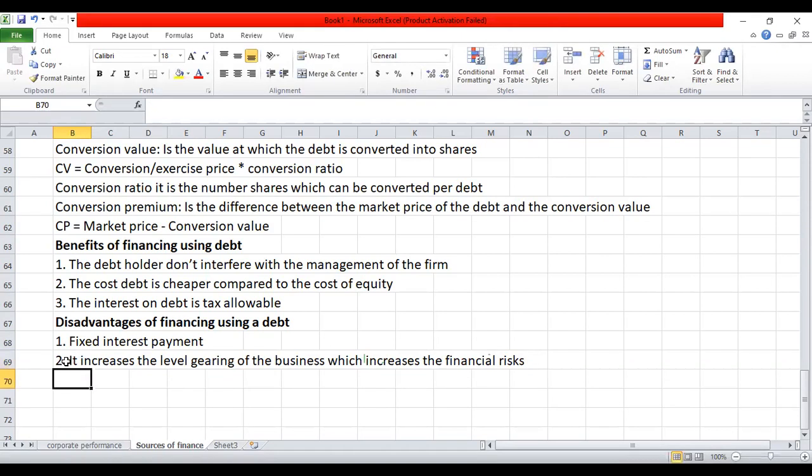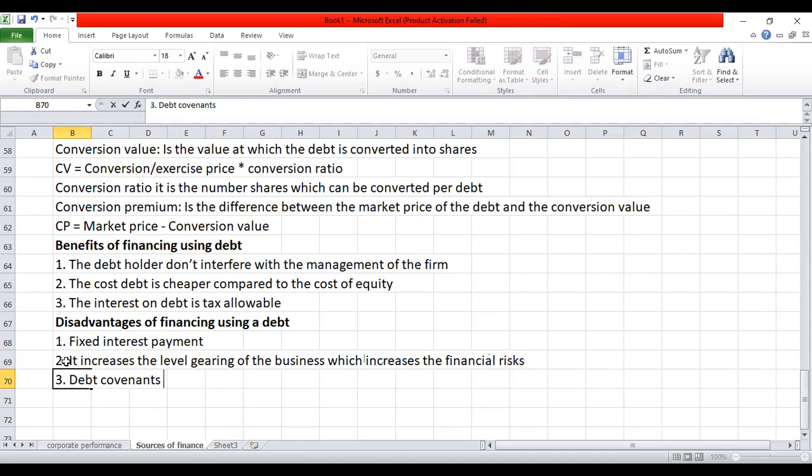We also have debt covenants, which also limit the business. You may find that the debt holder has put some restrictions on what the business should do. This is what is called the debt covenant. They can put restrictions, such as don't give dividends, don't hire workers.